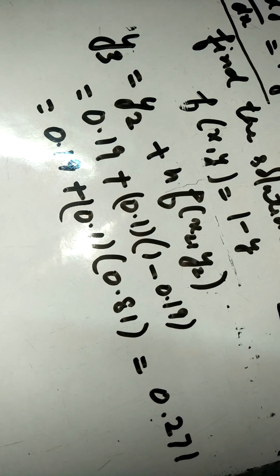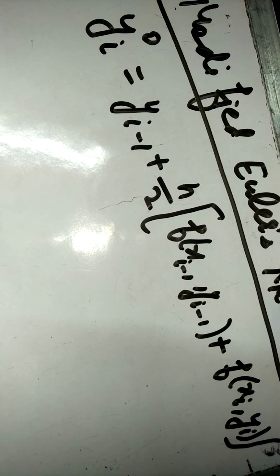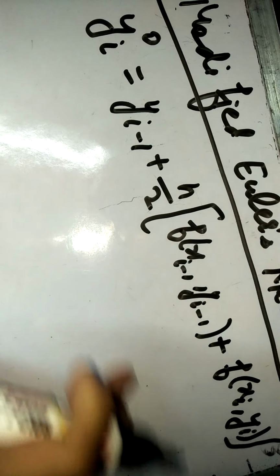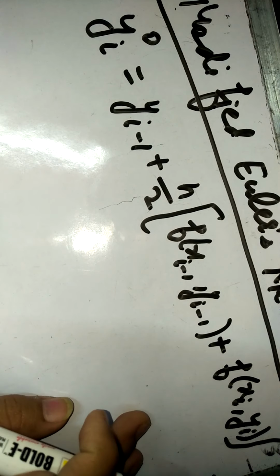So this is the modified Euler's formula.